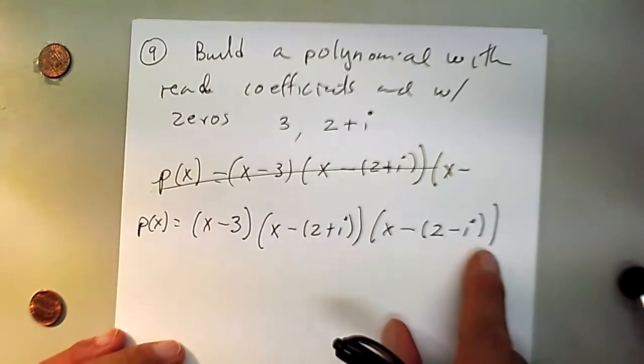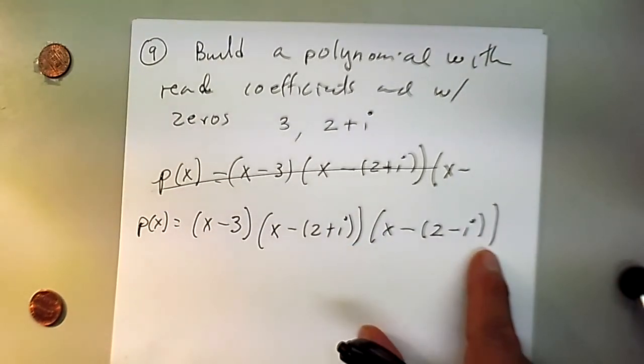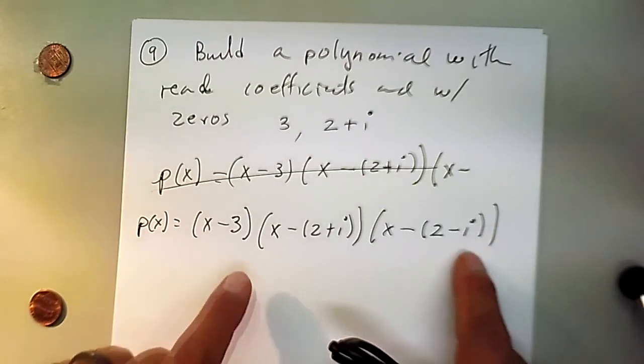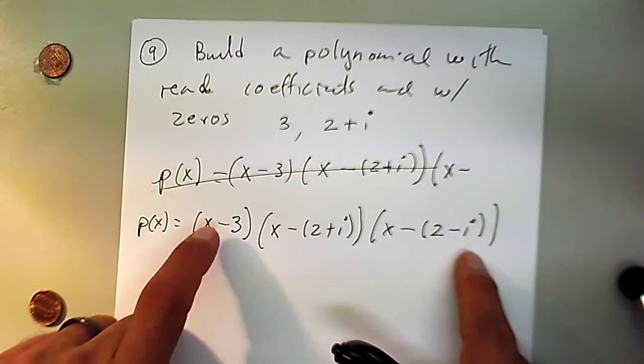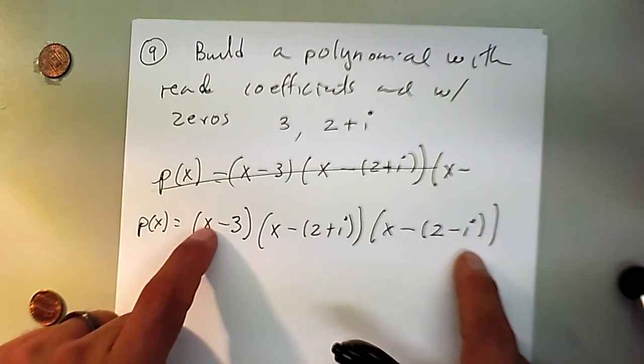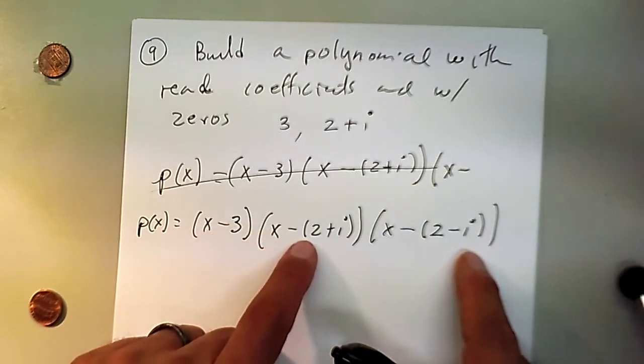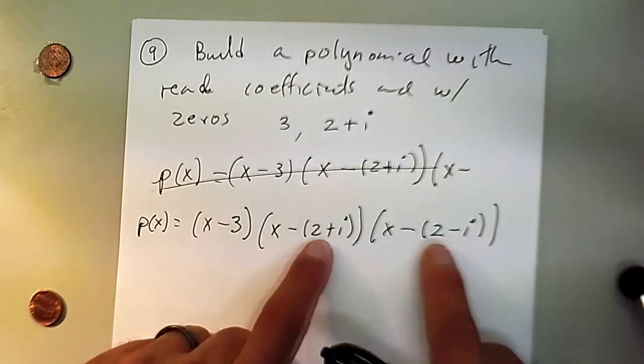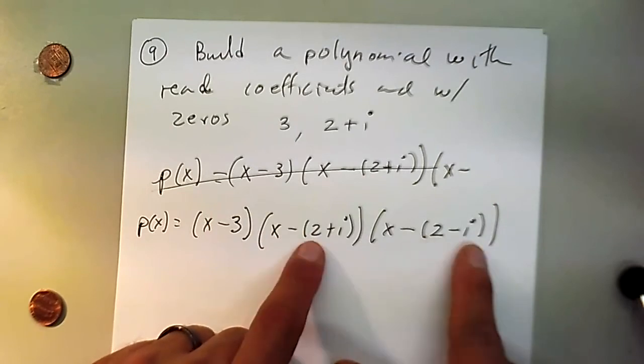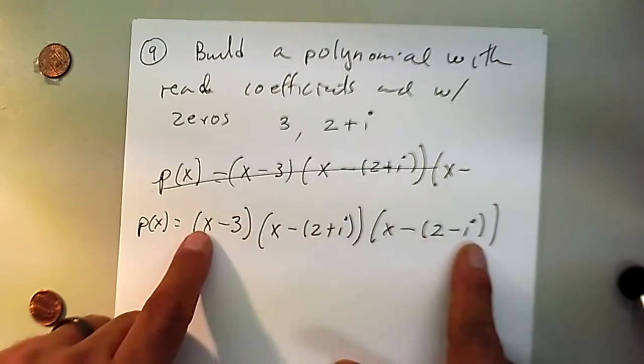And we got to multiply that out. Practice that. Let's multiply it out. Well, I advise against multiplying with x minus 3 first. Every time I'm working out a problem like this, I multiply the two complex numbers first, and then I multiply by x minus 3 last.